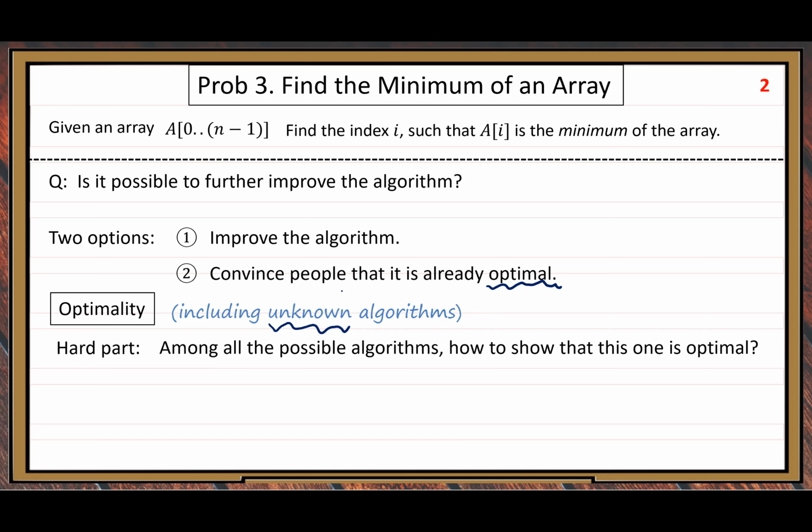For this particular computing problem, there are many unknown algorithms. Future problem solvers can develop new algorithms to solve this problem. You cannot predict how people in the future can still solve this problem in a better way. So including unknown algorithms, we need to cover them.